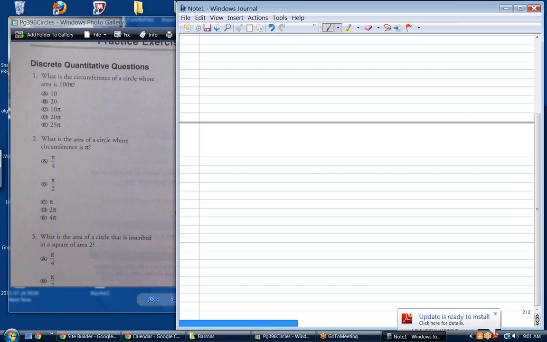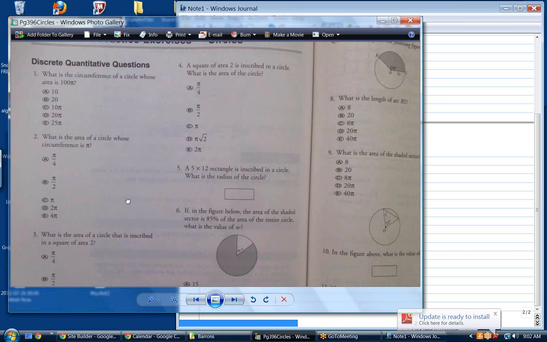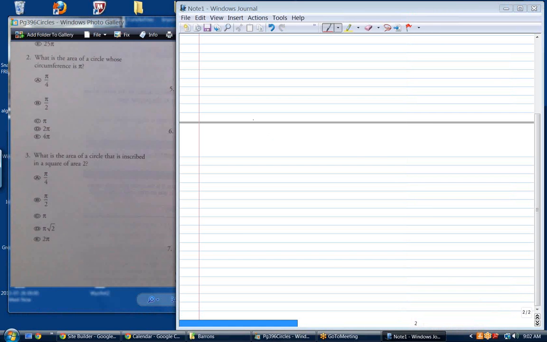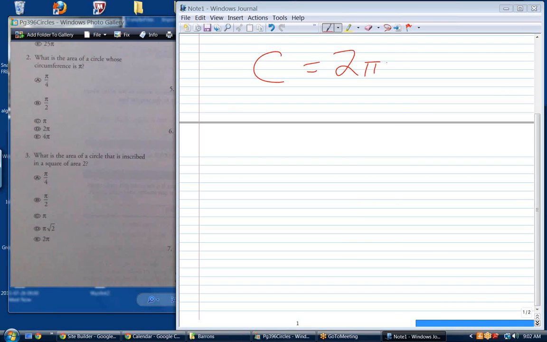So what's the circumference of a circle whose area is 100 pi? It's going to be 20 pi. Okay. Number 2, the area of the circle whose circumference is 2 pi. Okay, so R is equal to C over 2 pi.